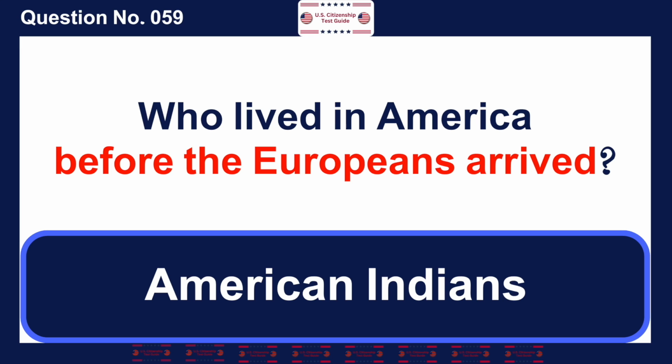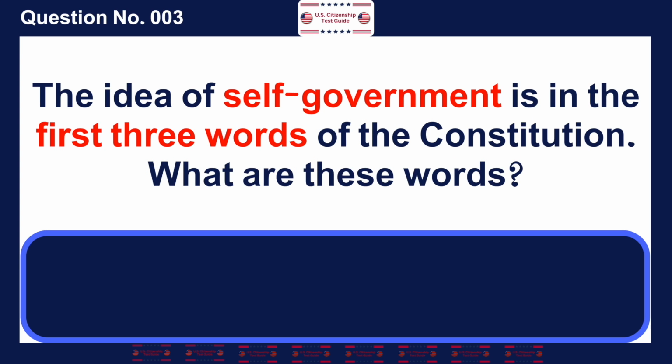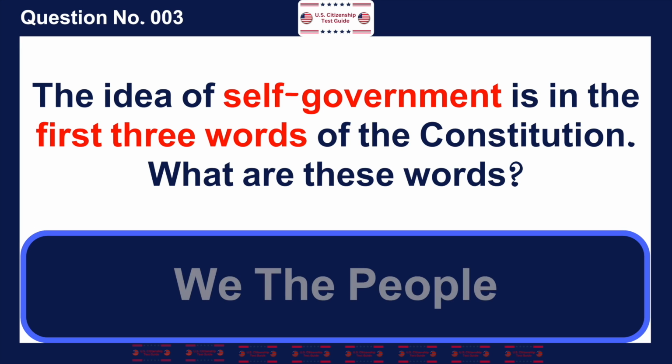American Indians. The idea of self-government is in the first 3 words of the Constitution. What are these words? We the people.